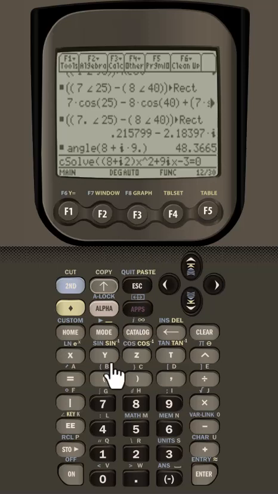So I put that equation in, and then I put comma and the variable I want to solve for, and then close parentheses and enter. And no, I didn't put any decimals in there, so it'll give it to me in not so nice format. Let's see what it gives me.